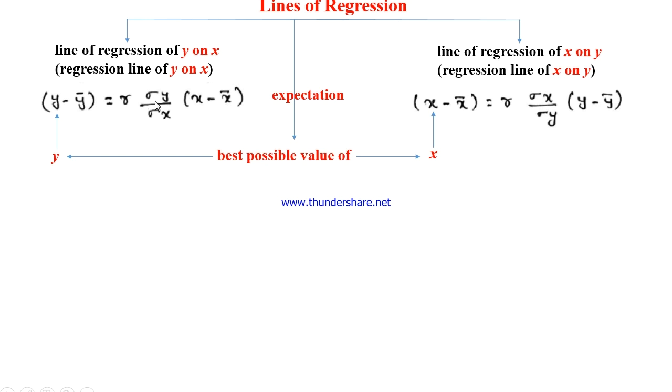Sigma x and sigma y are the standard deviations of x and y respectively, and r is the correlation coefficient given by sigma xy divided by sigma x into sigma y, where sigma xy is the covariance between the two variables x and y.